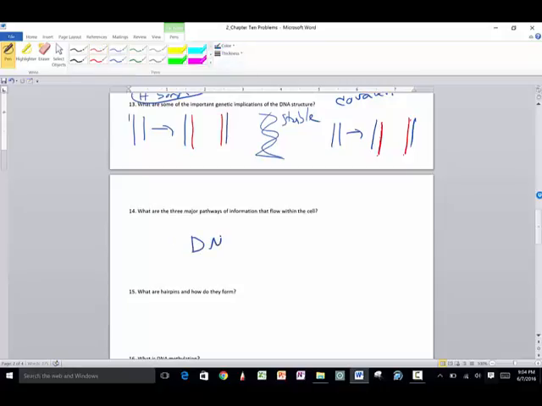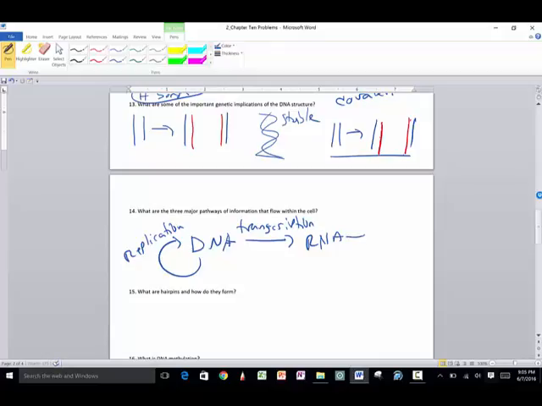So DNA, we just said up there, can be replicated. So we draw that like this. DNA can kind of make itself. So replication. Transcription. And translation. You really have to have this straight.